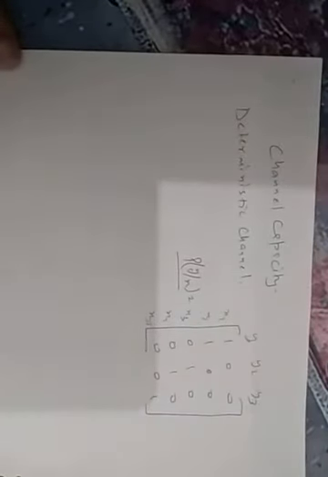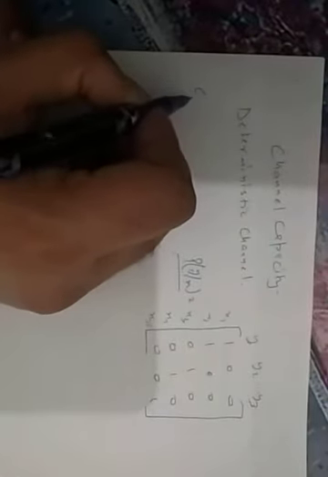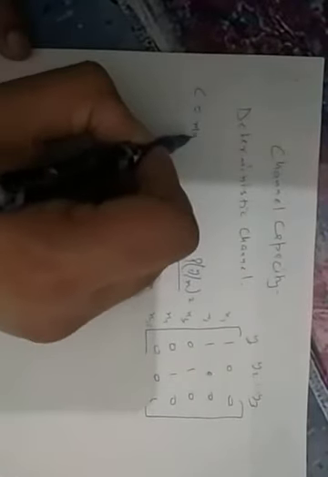Now we will move back to the topic which we had started, that was channel capacity of deterministic channel. So we know how we calculate channel capacity. Channel capacity is equal to maximum mutual information. Mutual information is I(X;Y). The maximum value of mutual information is called channel capacity. So now, what is the value of mutual information?